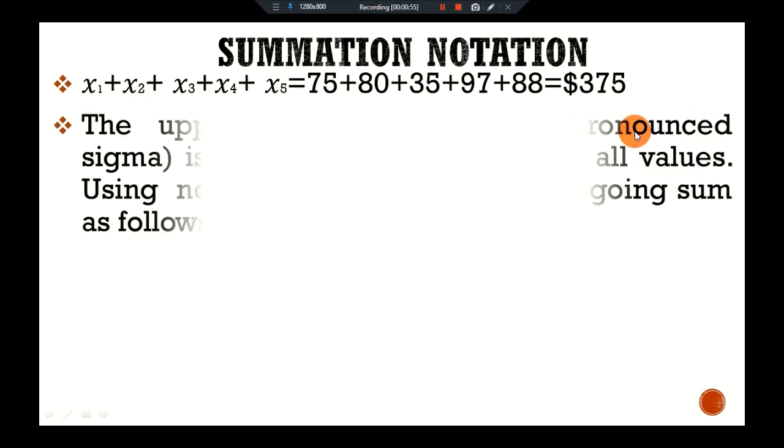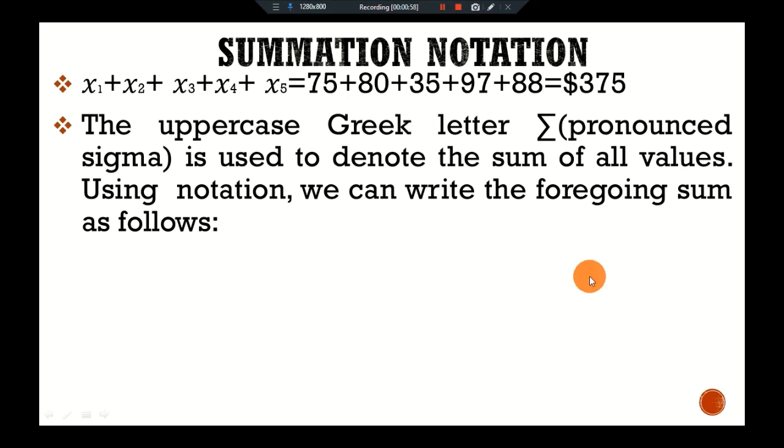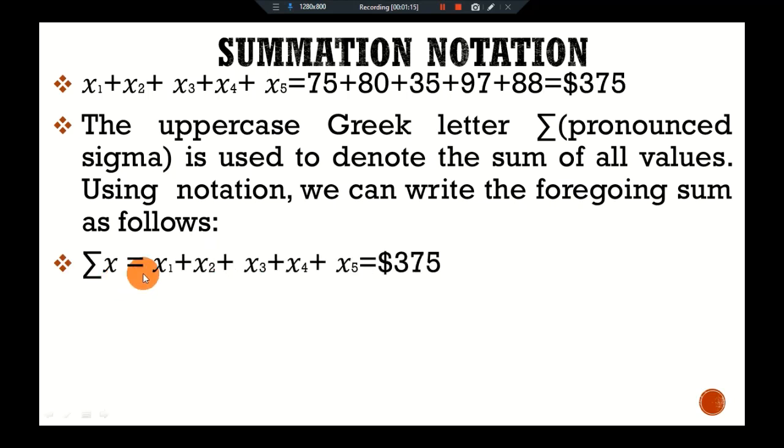$375. The uppercase Greek letter sigma, or summation, is used to denote the sum of all values. Using notation, we can write the foregoing sum as follows. Summation x is the sum of x1, 2, 3, 4 and 5, which is equal to $375.